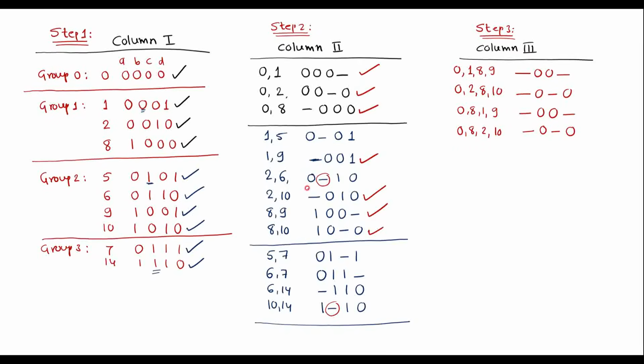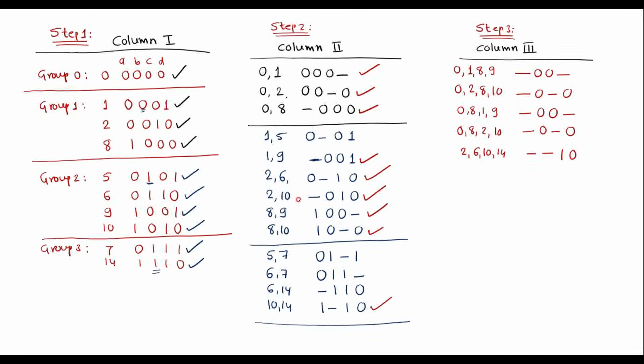Here the MSB is 0, here the MSB is 1. So we can consider 2, 6, 10, 14. Here it differs by the MSB, that is dash, dash. The next two numbers are 1, 0. I will put a check mark for 2, 6 and 10, 14.